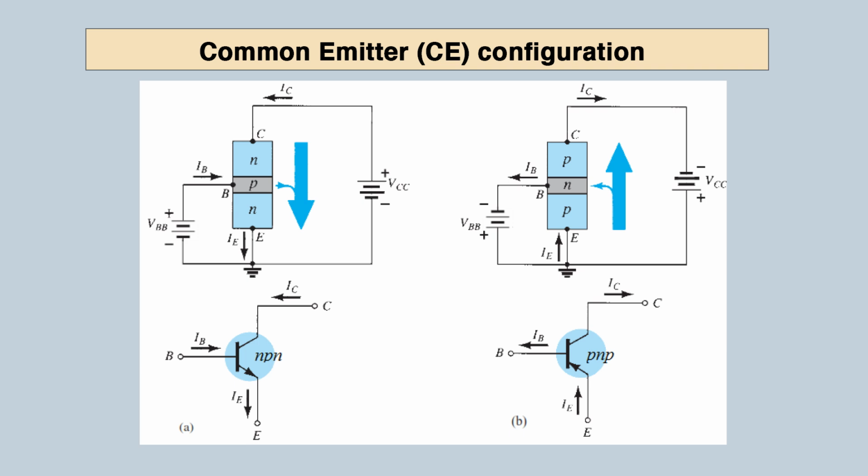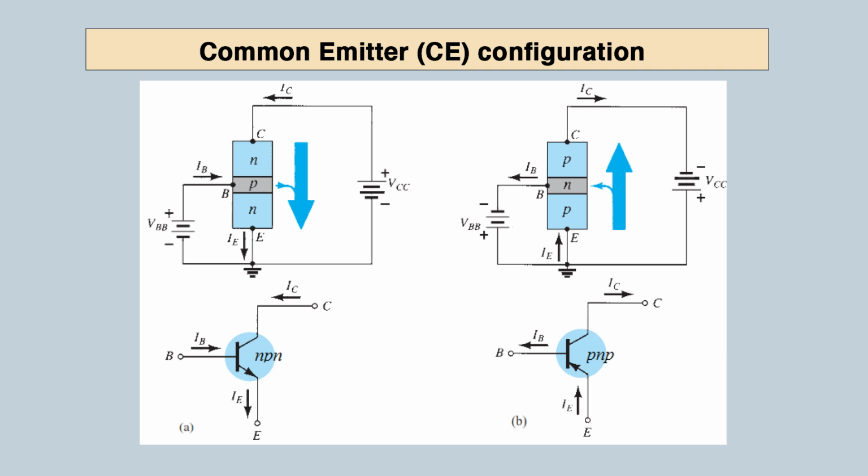Here the figure shows the circuit for a common emitter configuration. The input is taken from the base-emitter terminal and the output is taken from the collector-emitter terminal.